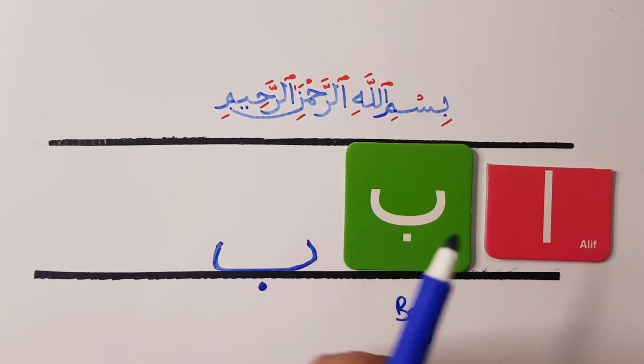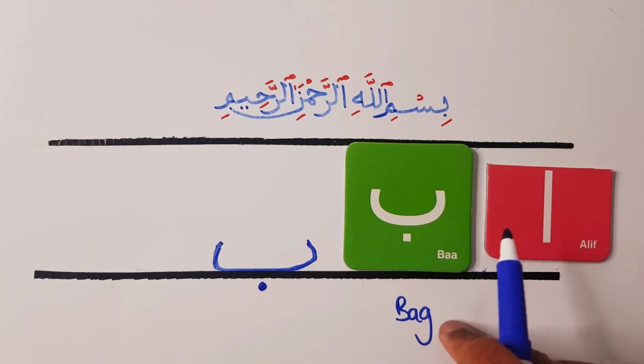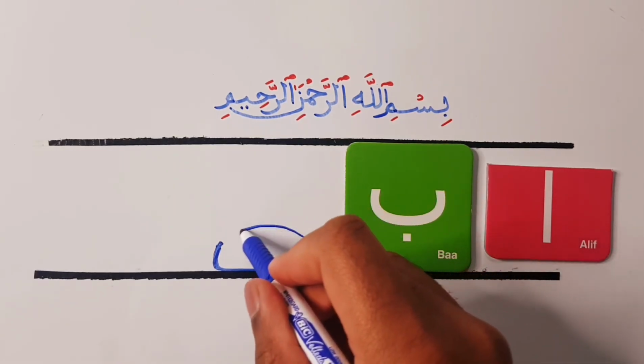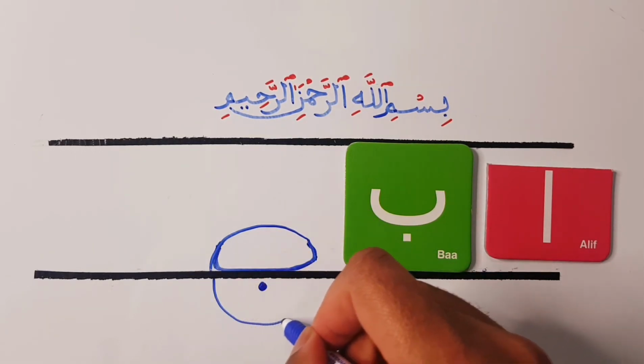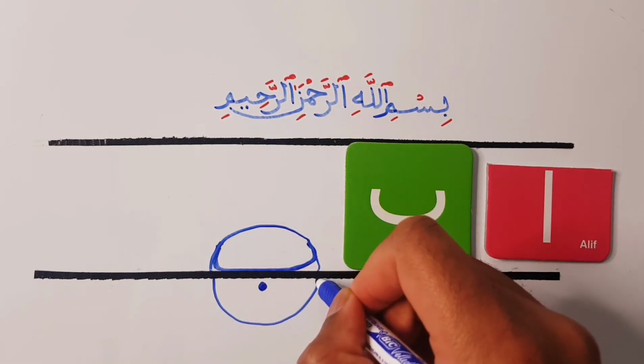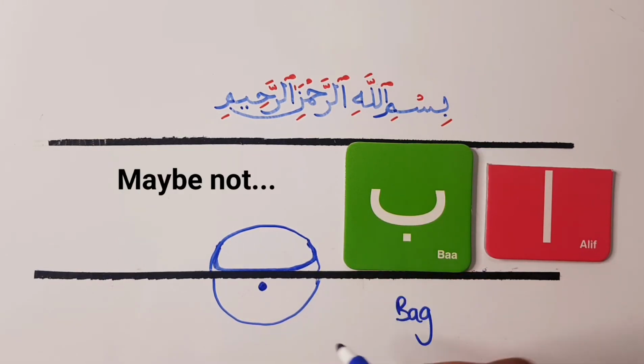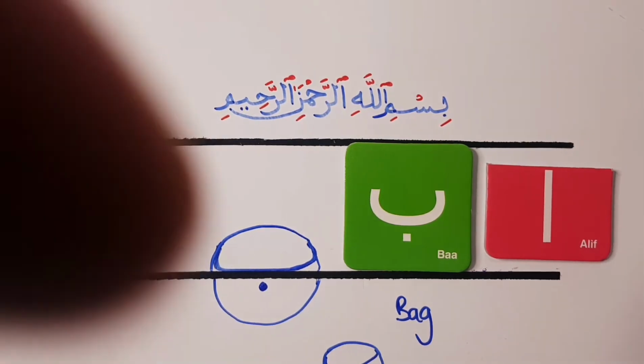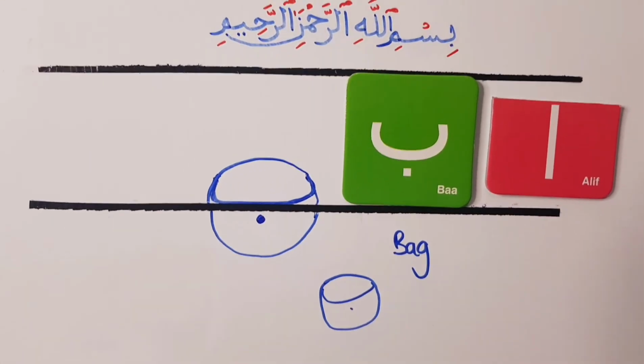B, or ba, bag. I like bag because if you do this, then it looks like a bag. If I did it here, I think you see it better. Yani it looks like a bag.